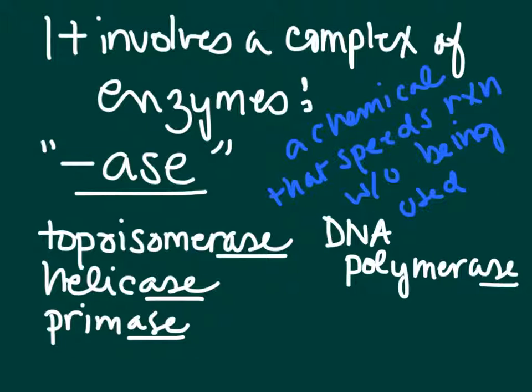So it's basically like a chemical helper. All of these things are chemical helpers to assist in our 6 billion base pair photocopying. So they're all pretty important.